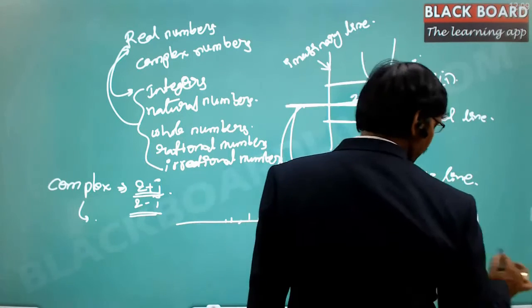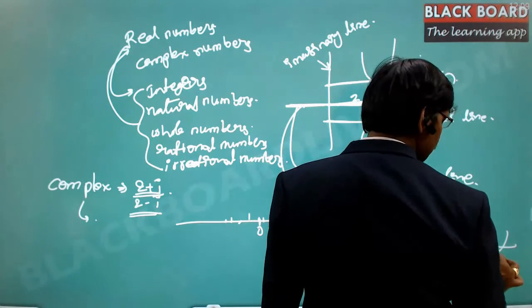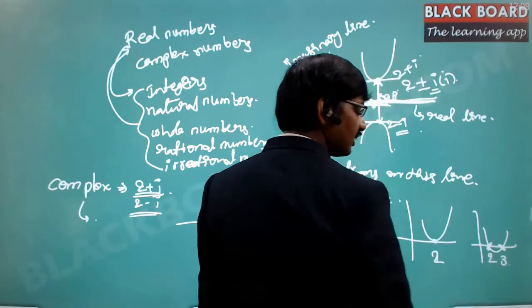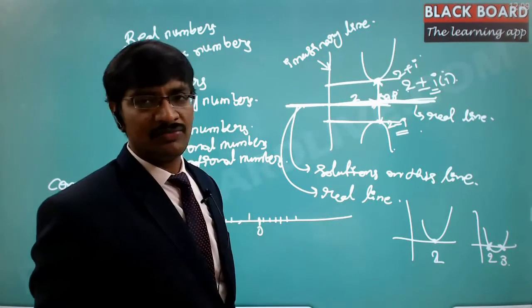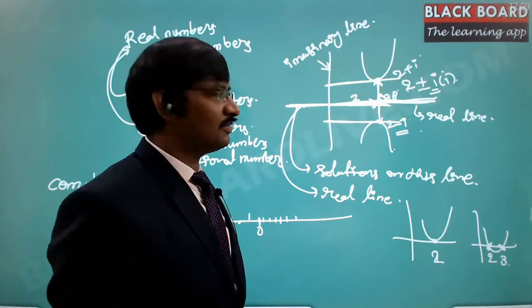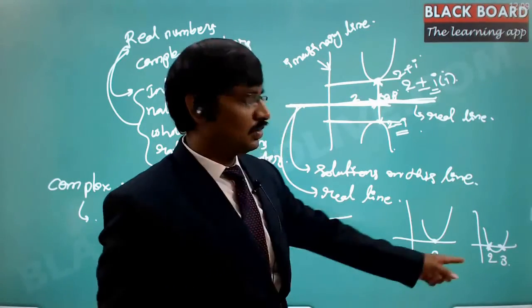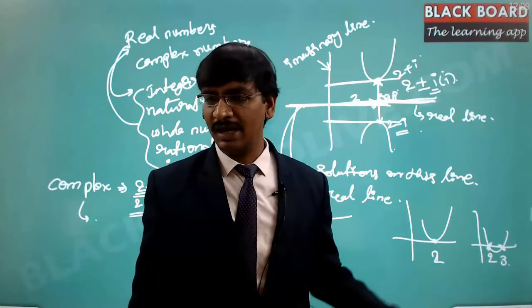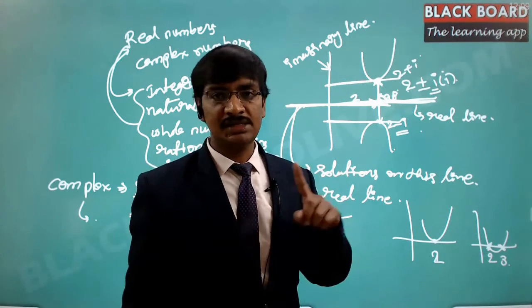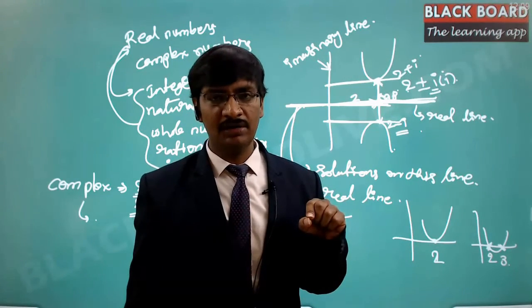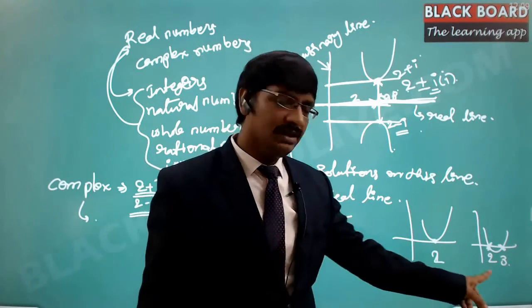Suppose I have two different places where it is touching, then this is 2 and this is 3. Both are points, but I could represent each with a single number. Now I am identifying one more point here, but I cannot represent it with a single number like 2, 3 or 4. I cannot do it this way, but still it is a single point.